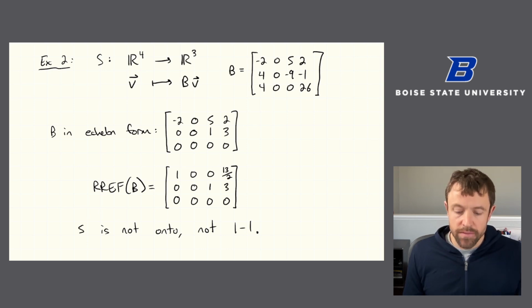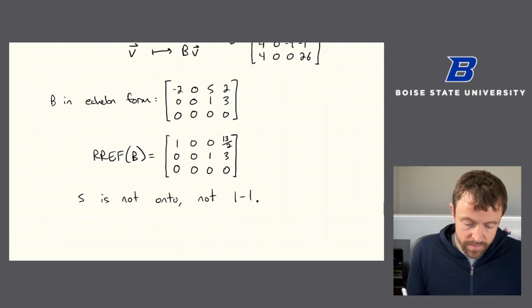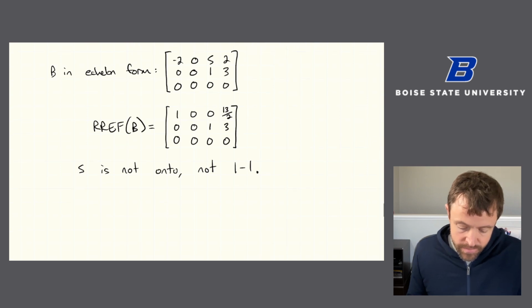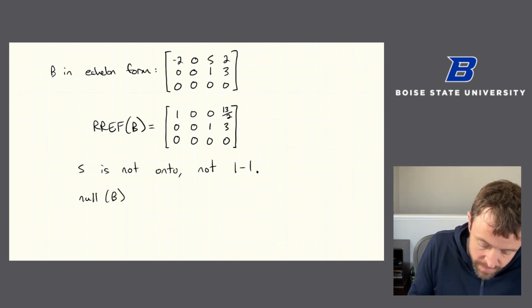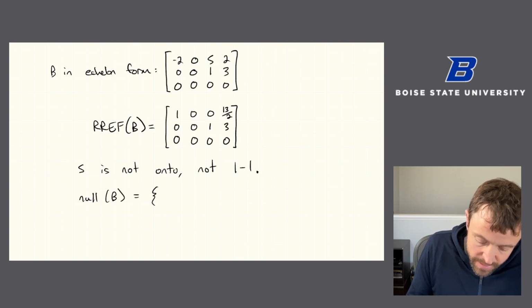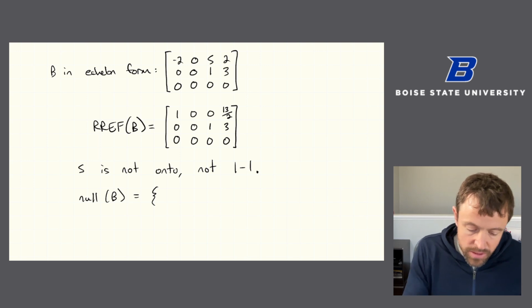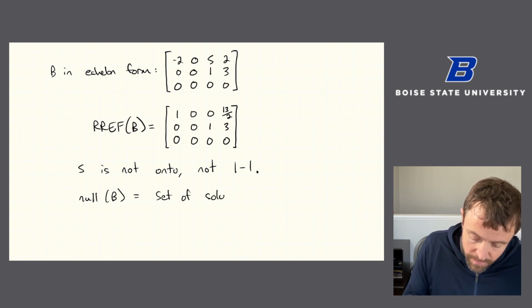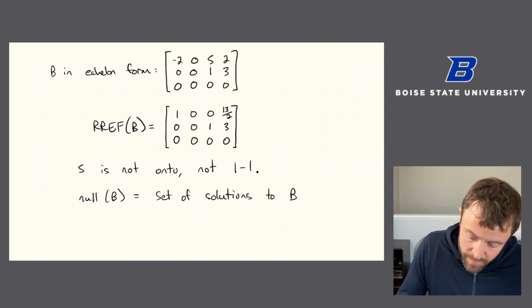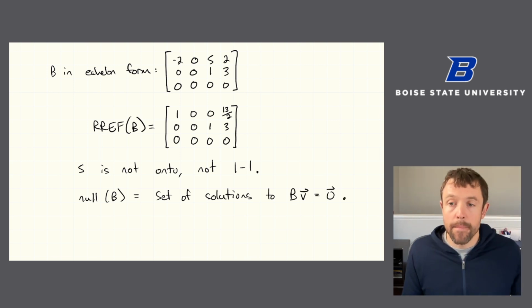The null space of a matrix, in this case B, is the set of solutions to B times V equals 0.